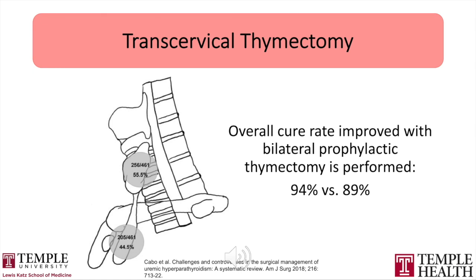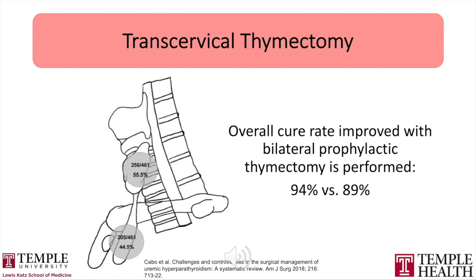However, the efficacy of both of these operations can be improved by simultaneously performing a transcervical thymectomy. And that's a part of the operation in which you pull a bunch of thymus up into the neck from the chest and you remove the thymus. And that is because there are small parathyroid rests, which are microscopic pieces of parathyroid tissue that likely migrated during embryogenesis, and these can function in the future in a patient who's going to have chronic stimulation of their parathyroid glands.